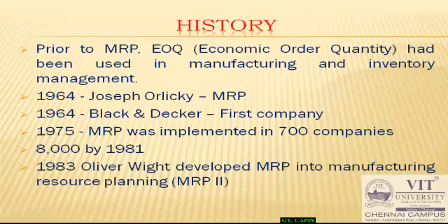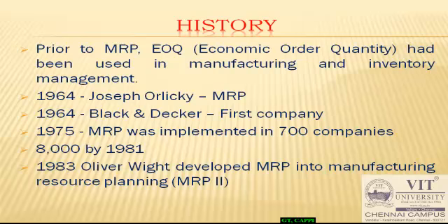Stage by stage it increased. It developed day by day. In 1975, the MRP was implemented in nearly 700 companies, and at a later stage in 1980-81, it reached 8,000 plus industries. In 1983, this MRP was linked with MRP2 software, that is manufacturing resource planning.